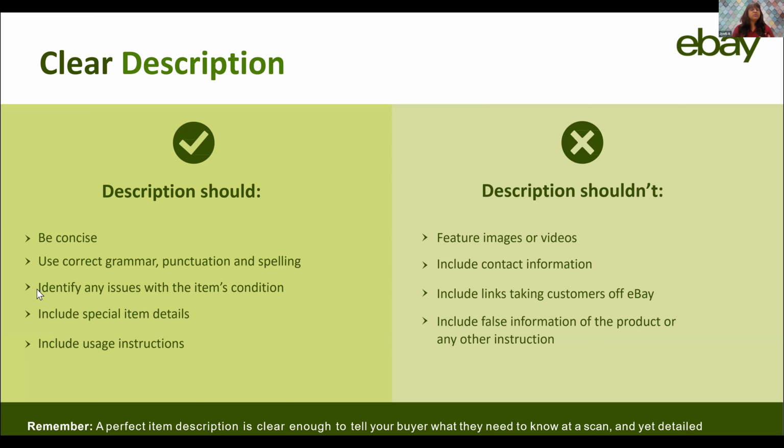Last but not the least, do not include false information about the product or any other instructions, because any wrong information in the description can lead to a case being filed by the buyer on eBay for item not being as described, which we call significantly not as described. So do not give any kind of false information about the product or any other instructions.